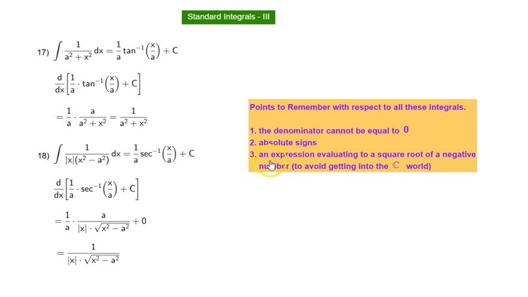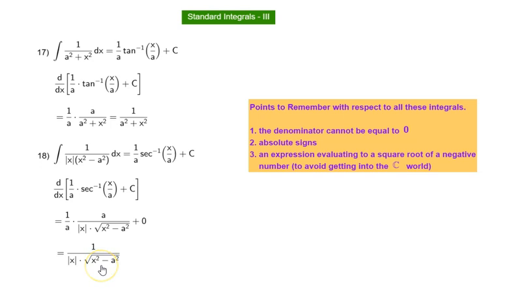And you should not end up with an expression evaluating to a square root of a negative number to avoid getting into the complex world. For example, here we have a square root. Now, inside this square root, x has to be greater than a to avoid getting a negative number under a square root.